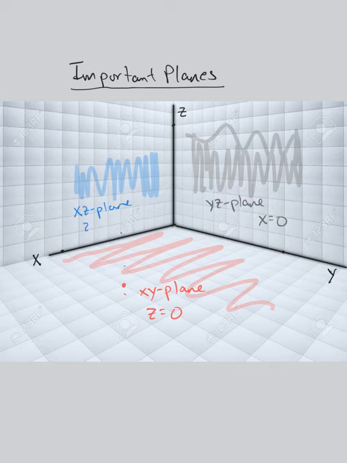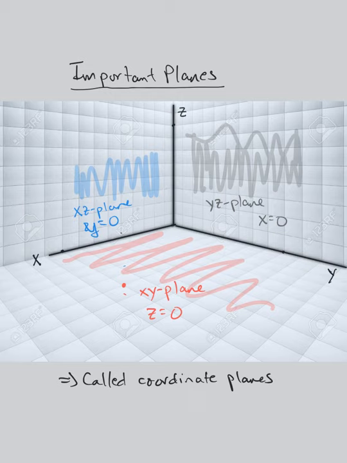And in the xz plane, we have that y is equal to 0. Any point in the xz plane has y equal to 0. Okay, now just a vocabulary word too. These are called the coordinate planes. All right, and so whenever we talk about the coordinate planes or a coordinate plane, then we're referring to one of those three planes, and they're very important for doing many things.